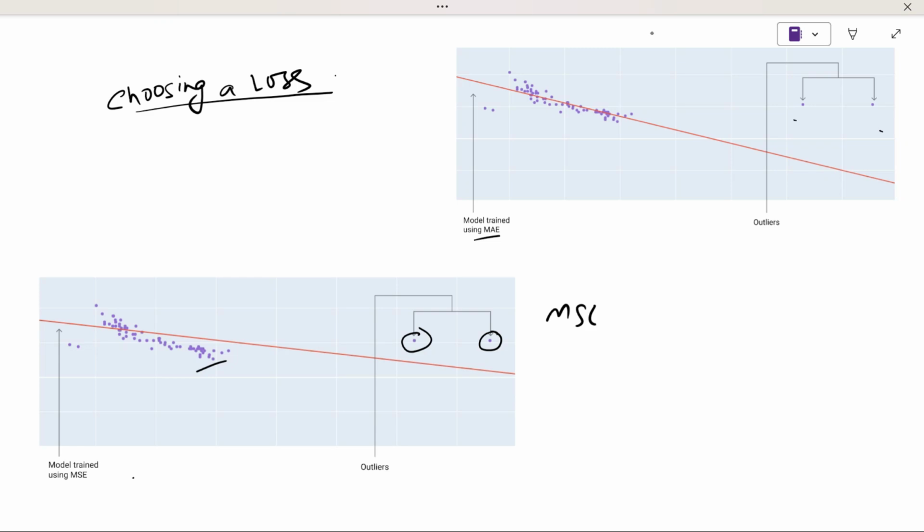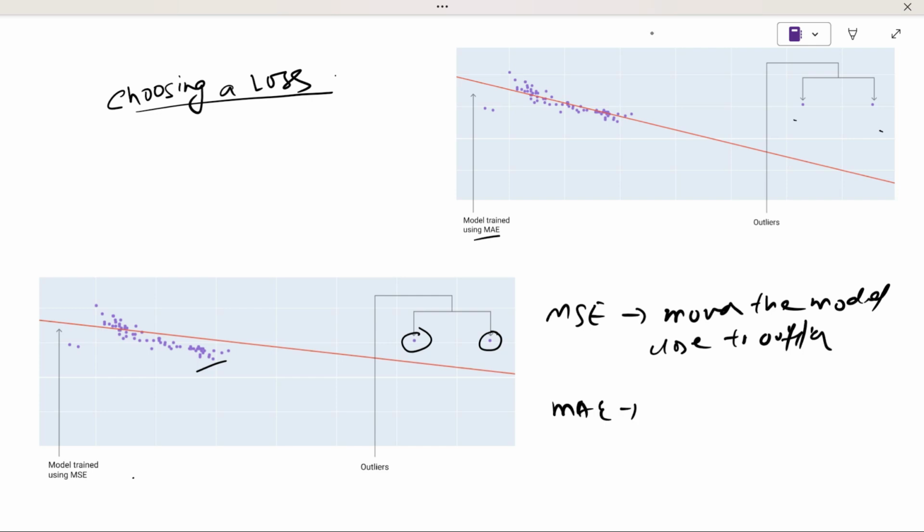So MSE actually moves the model closer to the outlier, whereas mean absolute error is taking the model away from the outlier.